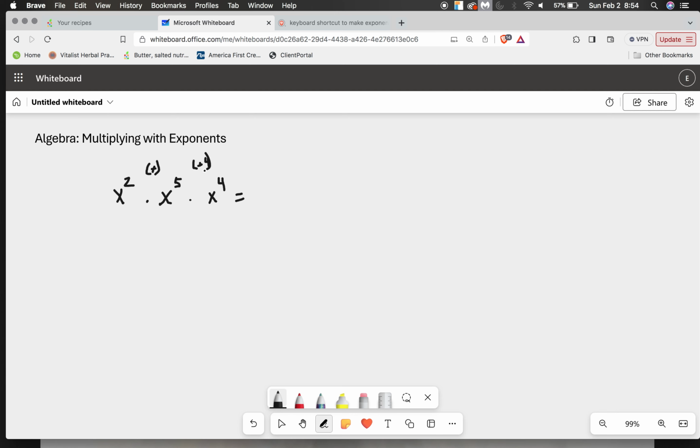Let's do that really quick. So 2 plus 5 is 7, 7 plus 4 is 11, so our answer to this problem would be x to the 11th power. There would be 11 x's lined up in a row being multiplied together if we were to write all of this out instead of using exponents. Alright, that's pretty simple. You can figure that out pretty easily.